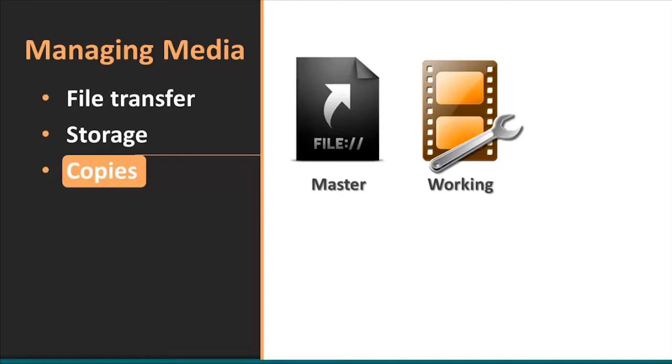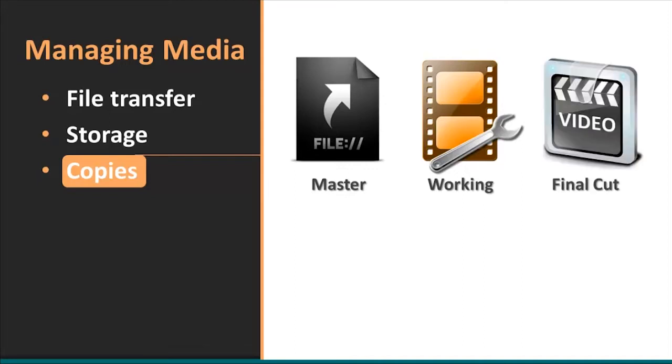You literally duplicate the master file and then take the working copy and import that one into Premiere Elements. Many people will take that working copy and they'll put that in the project folder. So they have 2 different folders. They'll have a backup folder or a master folder and then a project folder. And the project folder is the one that contains the working copy.